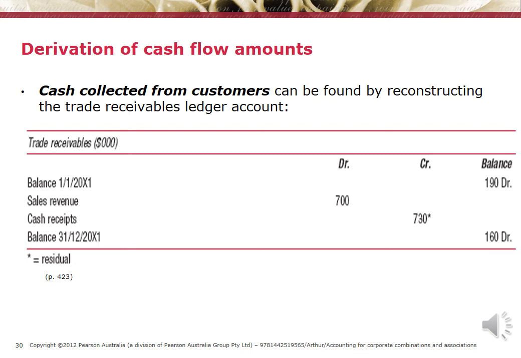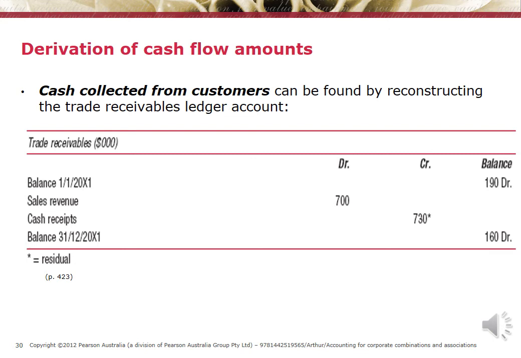So using the textbook method, we'd start off with a balance of 190,000, which was the opening balance of trade receivables, and if I was doing this, I'd leave a little bit of a space and then write the closing balance of trade receivables, which was 160,000.